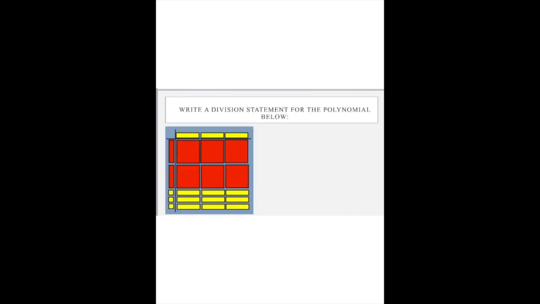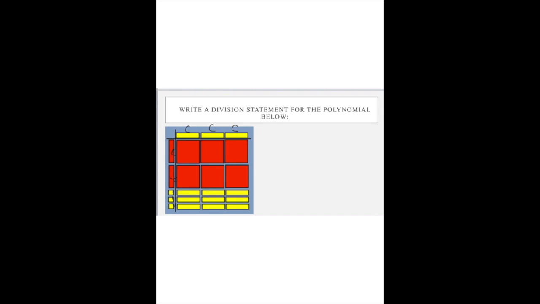All right, can we write a division statement for the polynomial below? If we take a look at the polynomial here, we know this is c, c, and c. On the side we have negative c, and then 1, 2, 3.